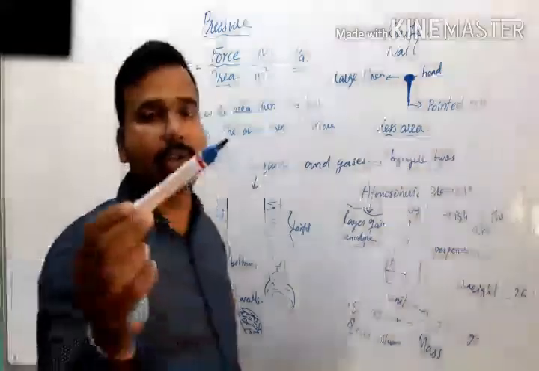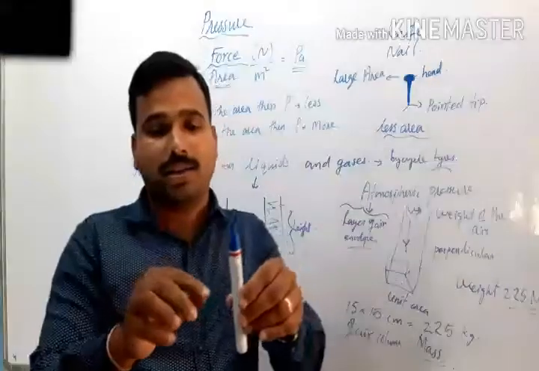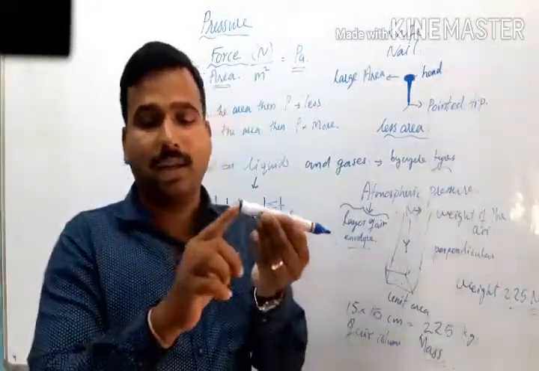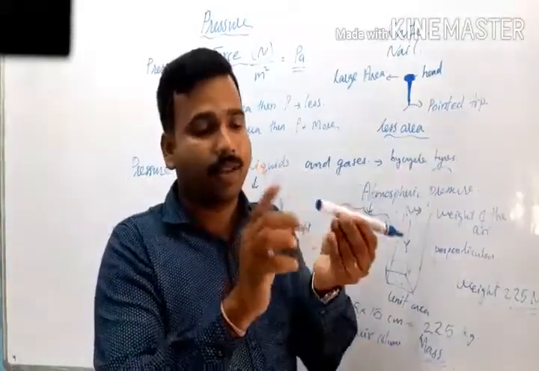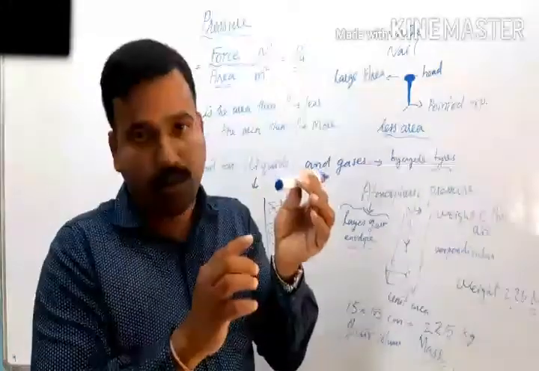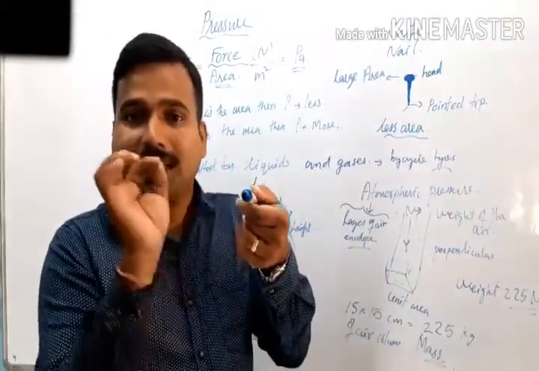Take the example of this particular writing marker. Just consider it as a nail. This is the pointed tip and this is the head of the iron nail or the marker. Here you can see the area is more, and at the tip the area is less.